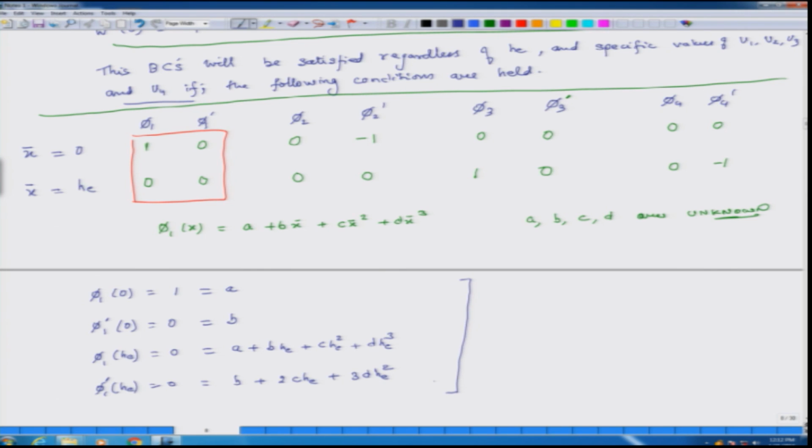So, from these 4 equations, these are all linear equations in A, B, C, D. I can very easily solve these. What I get is A is equal to 1, B is equal to 0, C equals minus 3 divided by HE square and D equals 2 by HE cube.